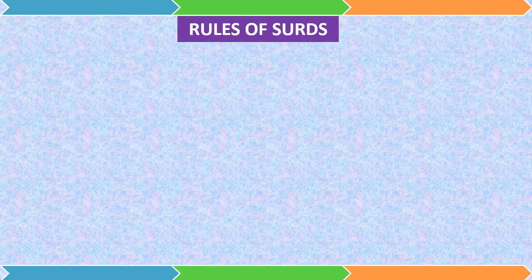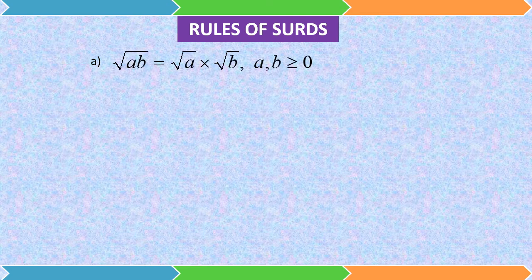Okay, rules of surd. The same as the rules of indices, we use these rules to simplify the surds. The first one is square root of a multiplied with b. It can be written as square root of a multiplied with square root of b, where a and b should be more than or equal to 0. So this value can be written as a multiplication between two values.